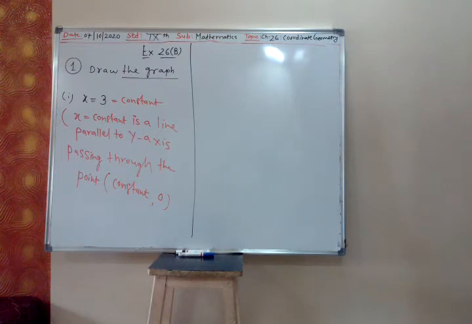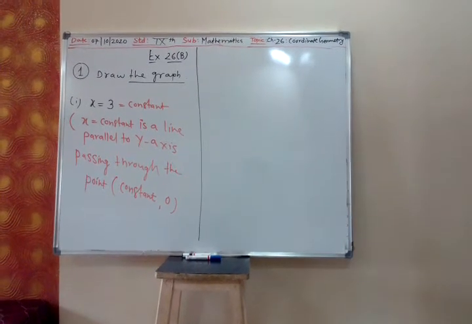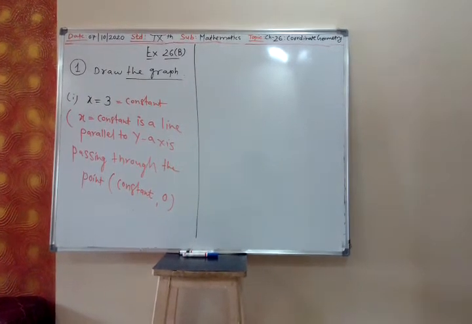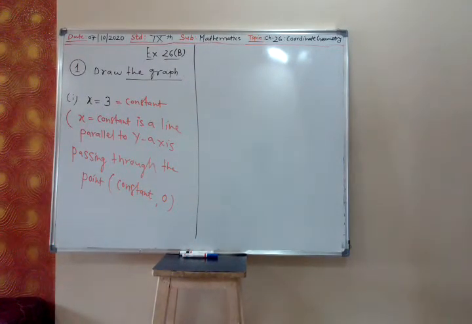So only for this problem I am writing x is equal to 3, which is constant. Whenever x is constant, the graph will always be parallel to y-axis and the line will pass through the point (constant, 0). X coordinate will be that constant and y coordinate will be 0.